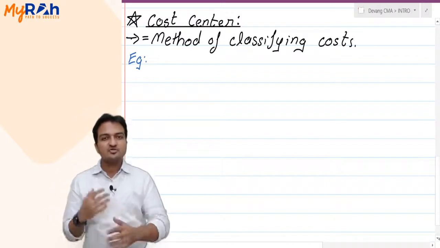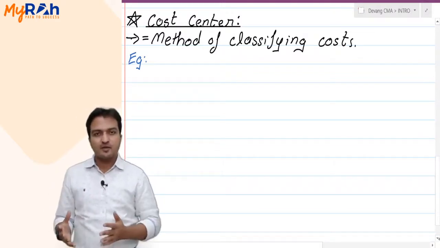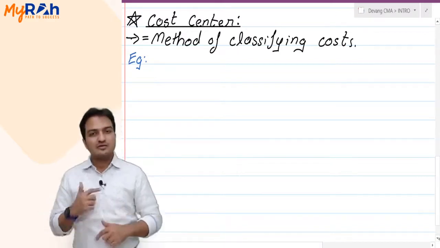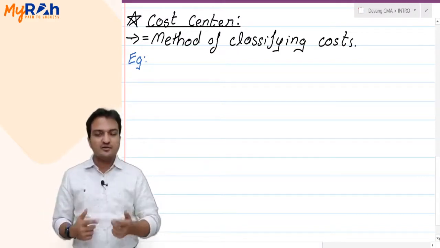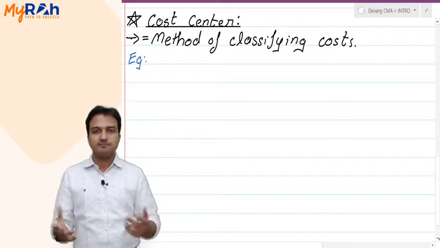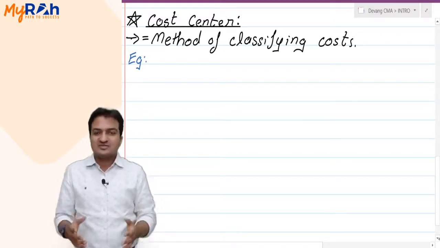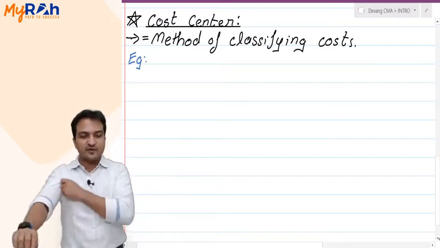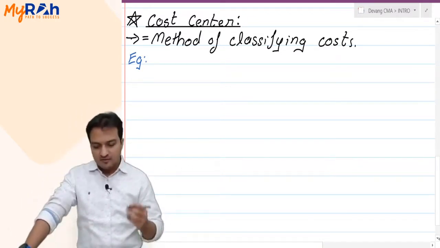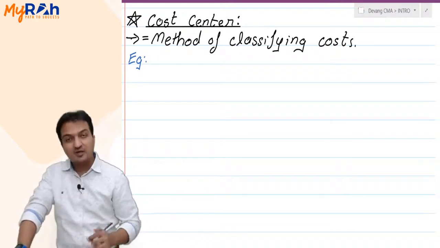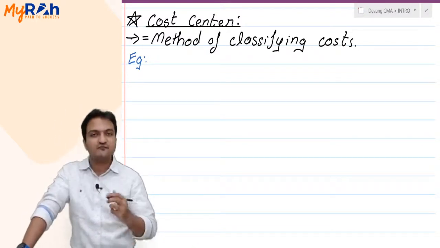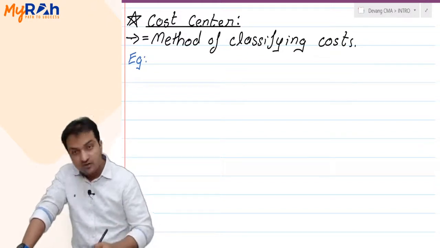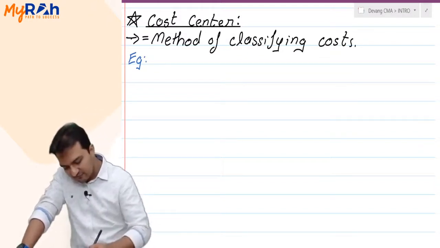Now, if there are hundreds of cost items, how do I calculate the total cost? Well, to calculate total cost, I need to classify the cost on some basis, because I cannot just simply add all these items of cost. Instead, I need to do some classification. Classifications can be done in three ways. There can be three different types of cost centers, three different methods of classifying them, which we will use in different chapters. In most of the chapters, we will classify cost.